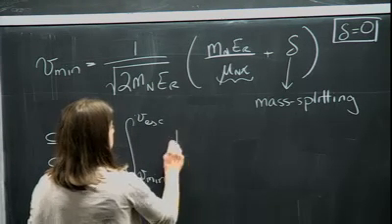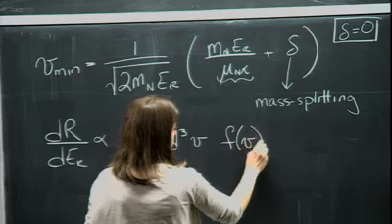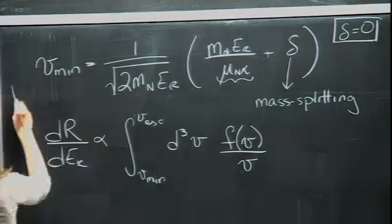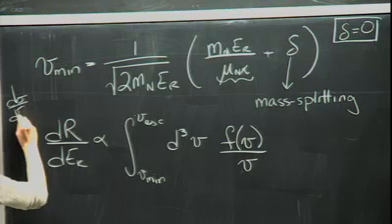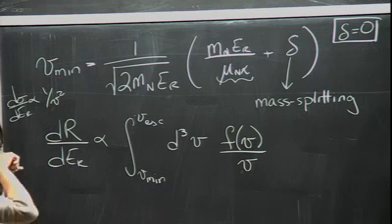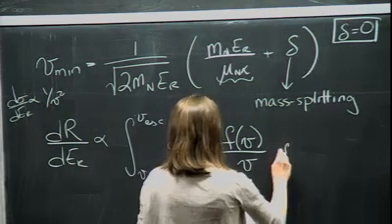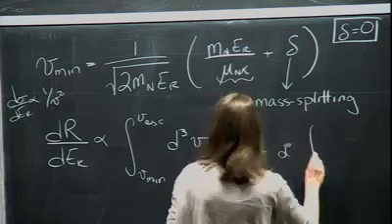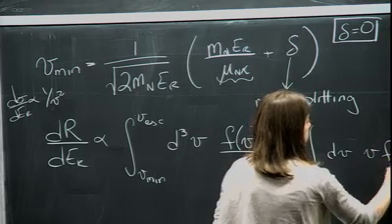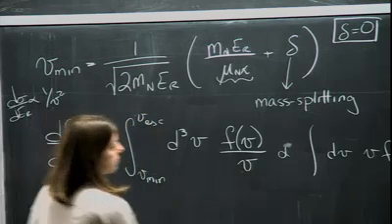It's going to be proportional to f of v and v, if d sigma d ER is proportional to 1 over velocity squared. And we'll come back to that later. So this is essentially just an integral over velocity times the f of v.